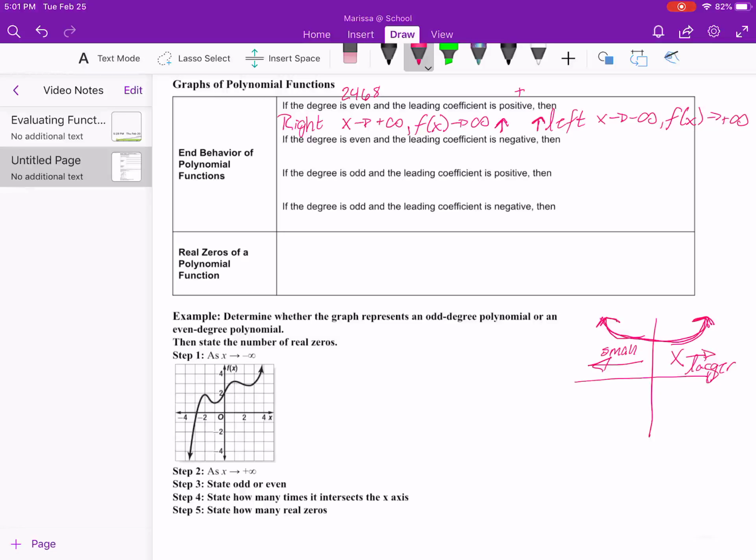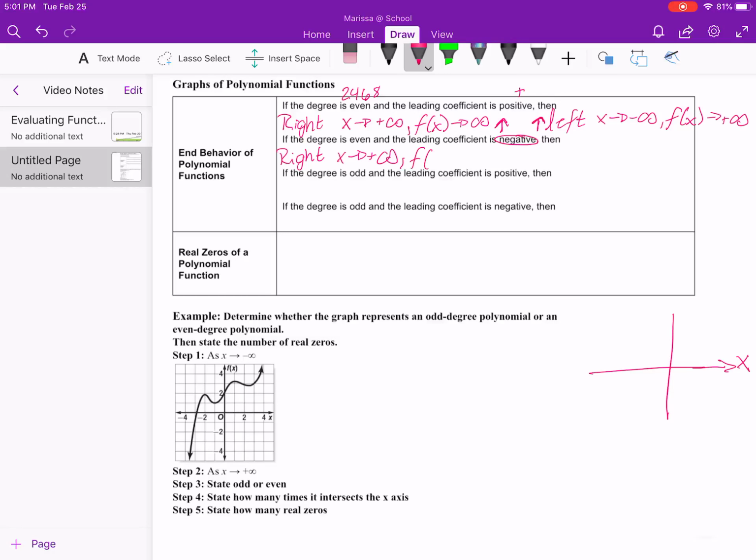If the degree is even, so again 2, 4, 6, 8, except this time I've got this word negative in here. If I'm looking at my graph again, remember our x values as they get larger are going to the right. As our x values get larger, approaching positive infinity, then our graph is going to be approaching negative infinity.